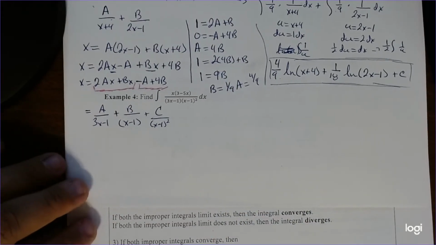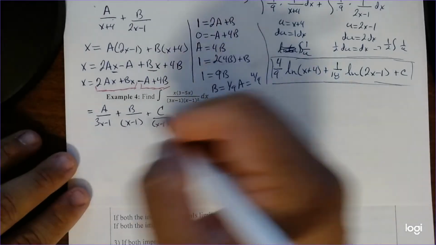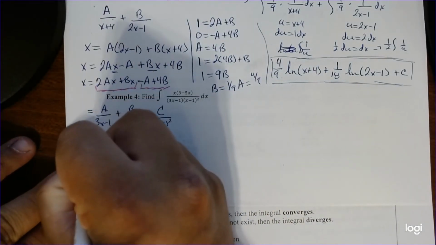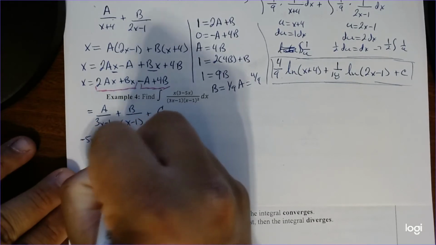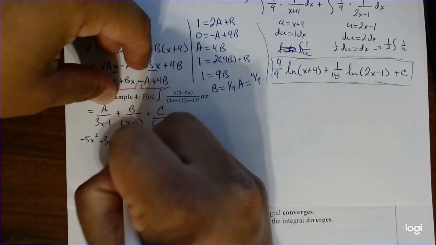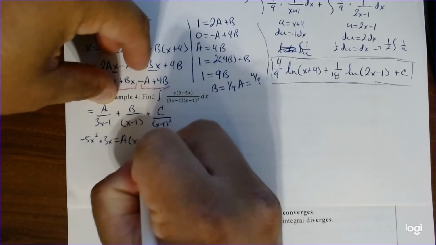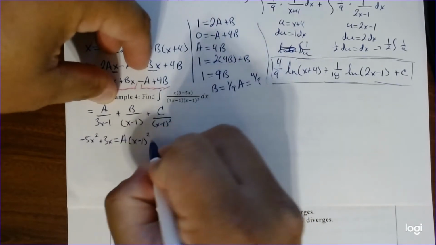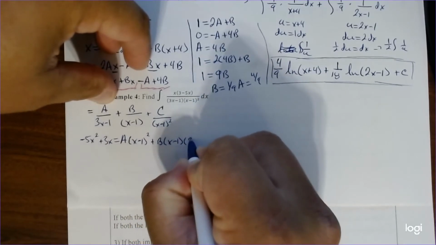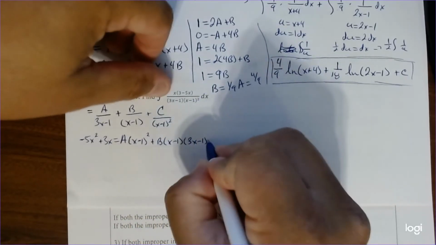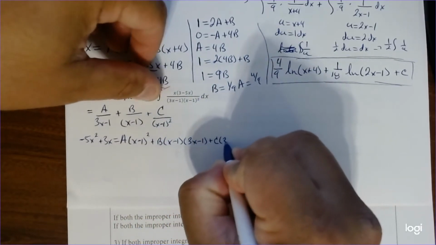Okay. All right, so if I distribute this top, we're going to have negative 5x squared plus 3x is equal to A times x minus 1 squared plus B times x minus 1 times 3x minus 1, and then plus C times 3x minus 1, right?